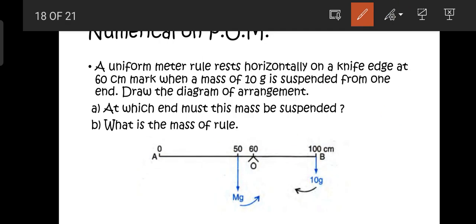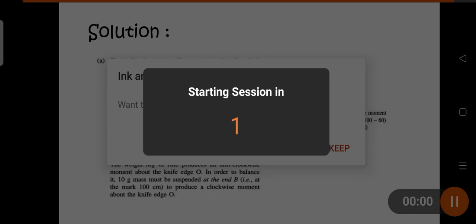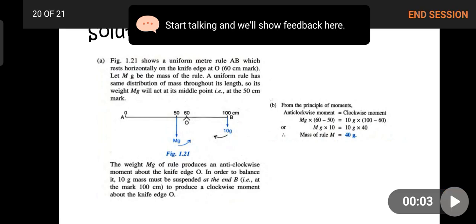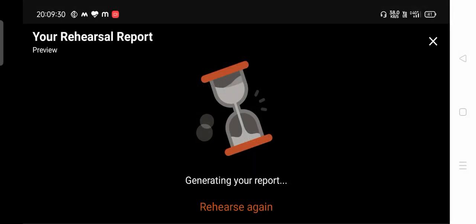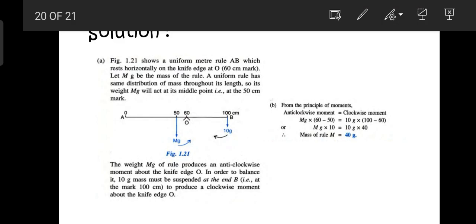Now let's see the solution. Figure 1.21 shows a uniform meter rule AB, which rests horizontally at a knife edge.